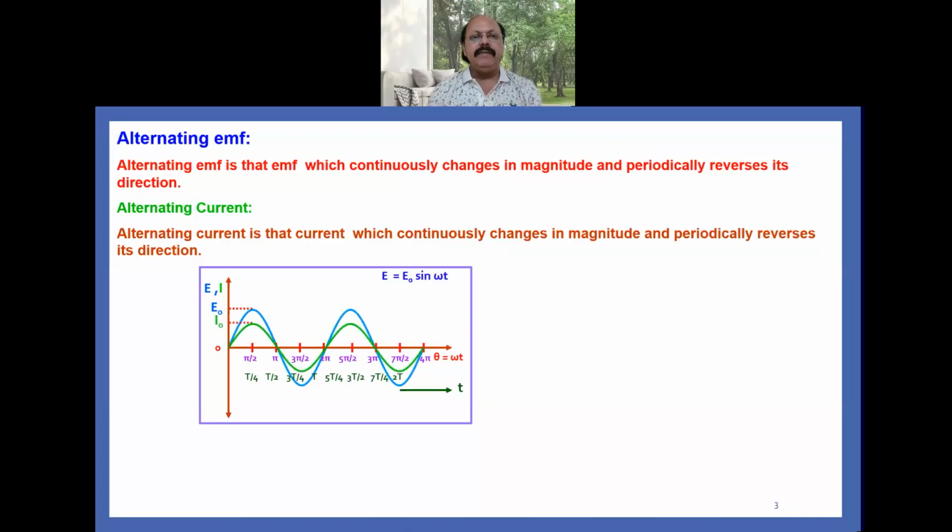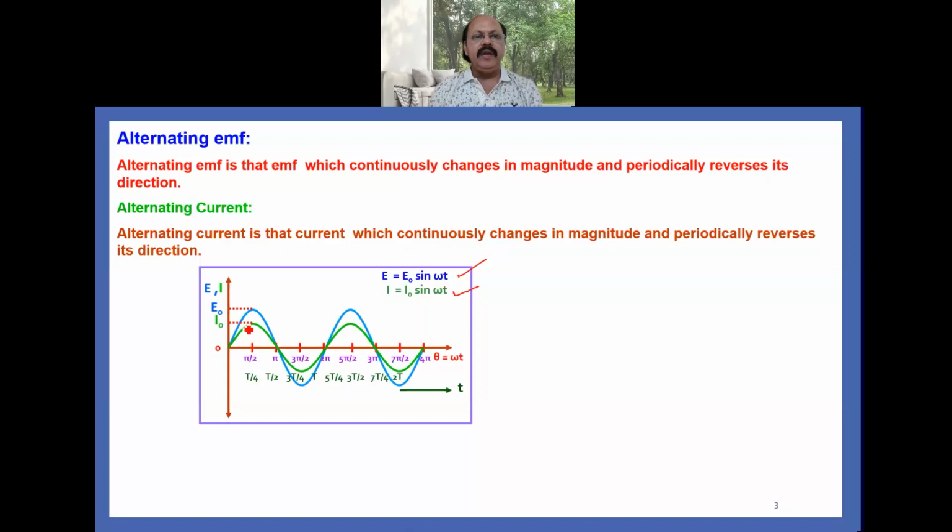Now you see here, as we know that alternating EMF is represented by E equal to E naught sin omega t. Similarly, the alternating current is represented by I equal to I naught sin omega t. So you see that here in the graph, this blue line is representing the alternating EMF and the green line is representing the alternating current.